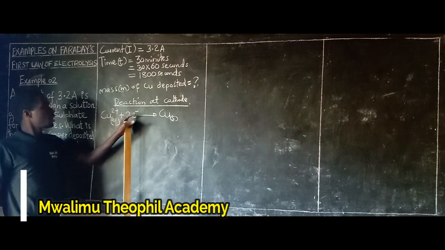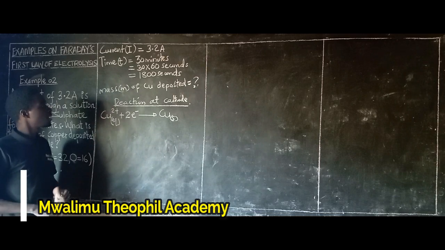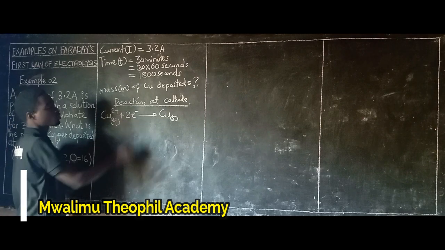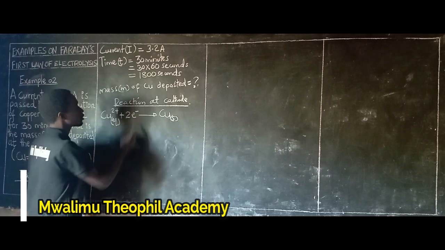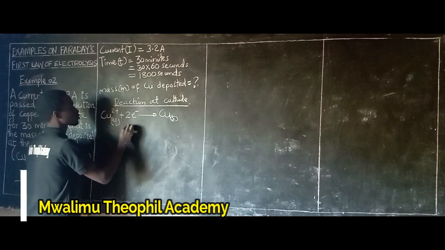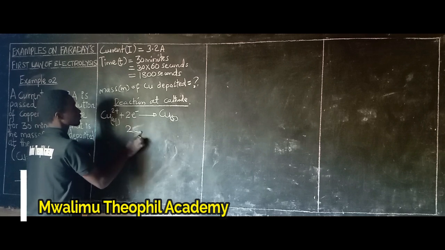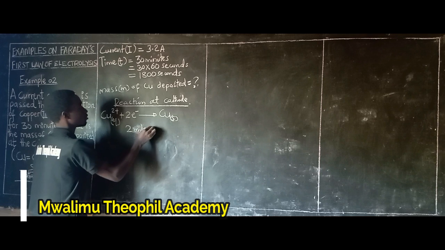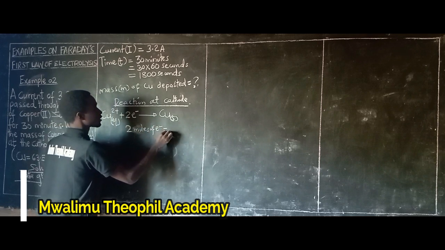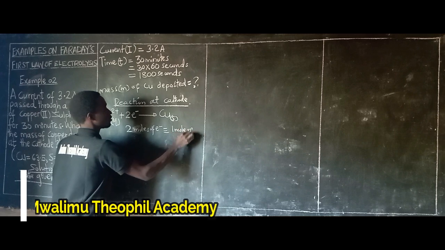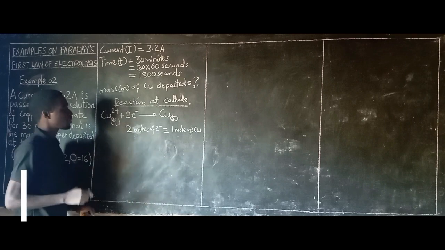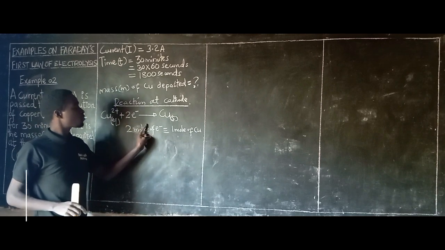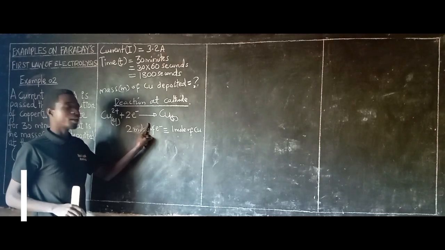Now we use the mole concept, especially the section of stoichiometry. Here, 2 moles of electrons are equivalent to 1 mole of copper solid. If you remember, we said that the number of moles of electrons is equivalent to the number of Faradays.